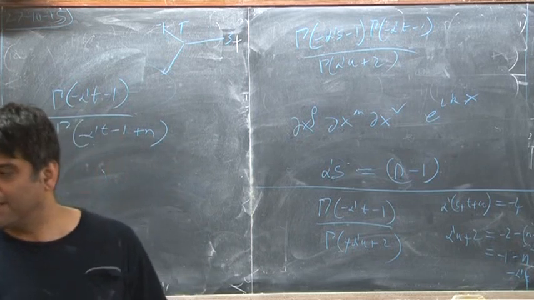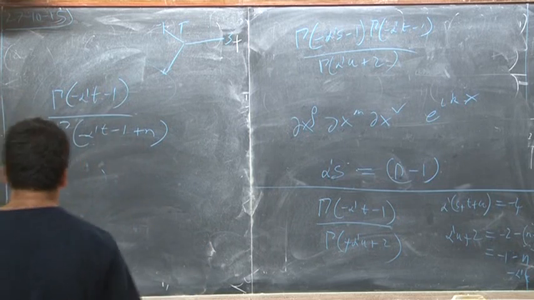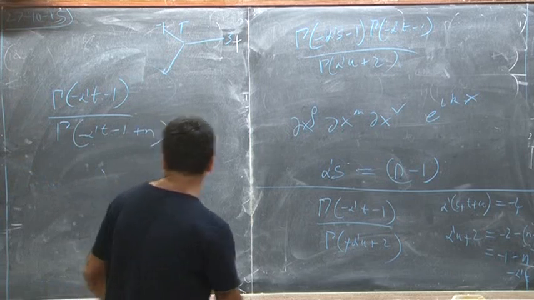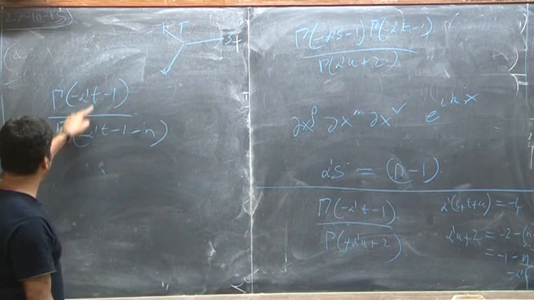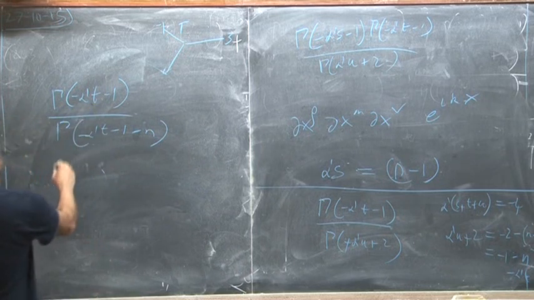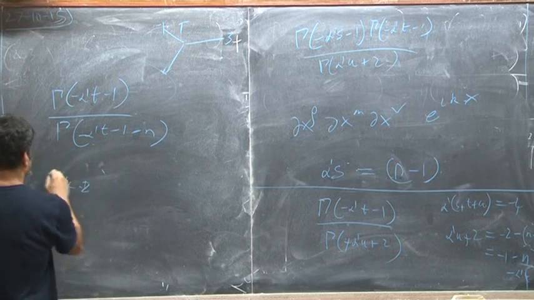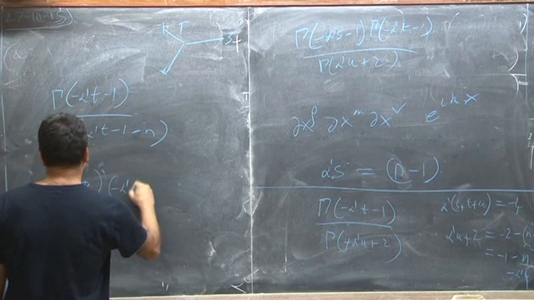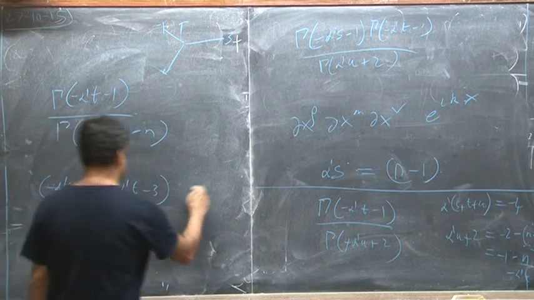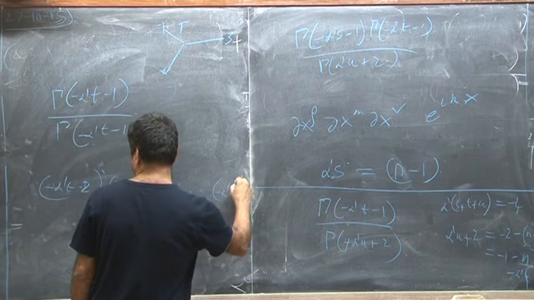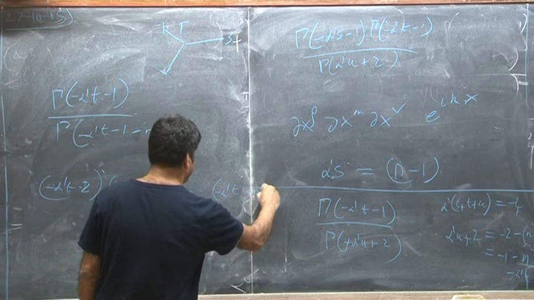Now it should be clear that we get a polynomial of degree, this degree is not higher than minus n. Because we use the same formula: this is minus alpha prime t minus 1, minus 2, into minus alpha prime t minus 3, until we reach minus alpha prime t minus n plus 1.